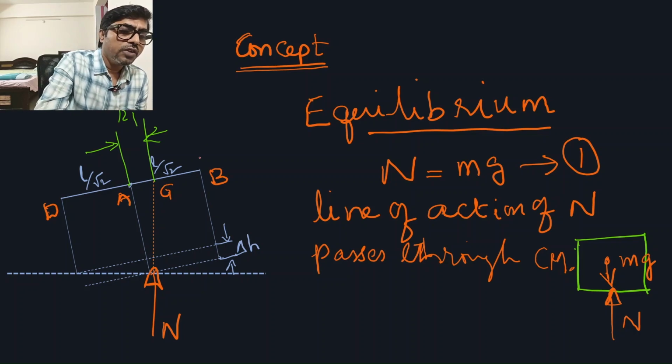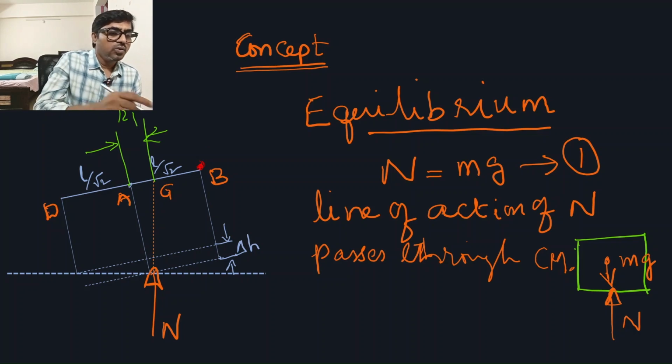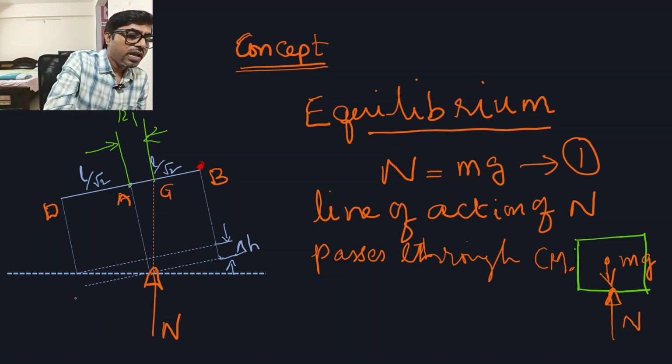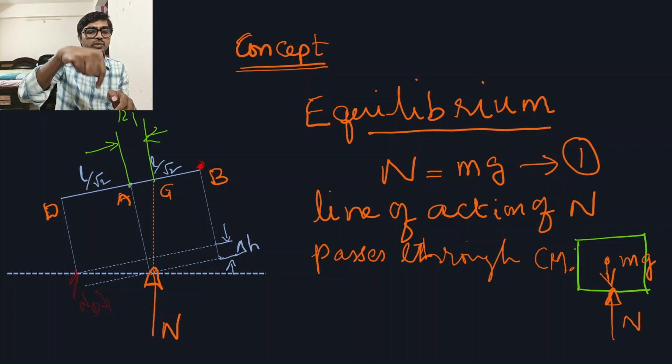Now if I start adding mass slowly at point B, gradually increasing the mass, the normal reaction at D will be continuously decreasing. Because if you consider the torque about this point, the torque due to the mg added at B will be increasing, and because of that N_D will decrease.